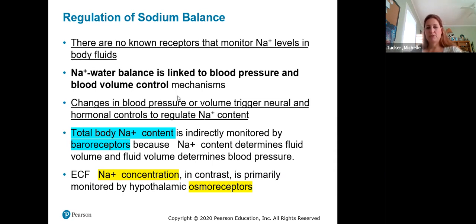Changes in blood pressure or volume trigger neural and hormonal controls to regulate sodium content. Total body sodium content is indirectly monitored by baroreceptors because if we have a lot of salt, water follows, increases plasma volume, increases blood pressure, and that can be sensed by baroreceptors. In contrast, when we're looking for concentration, osmolarity, those are osmoreceptors that we talked about previously.